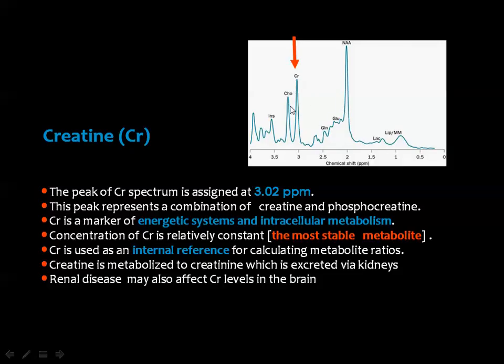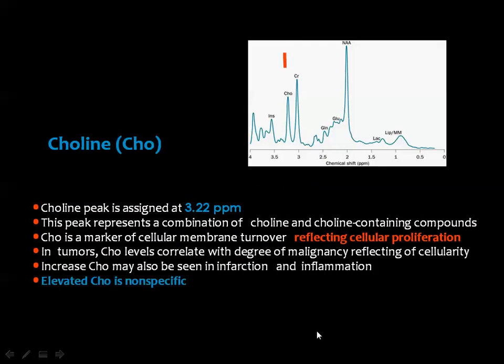If you see that there is a little difference between choline and creatine, this is a slight increase, and if there is a very big difference, you know that there is a marked increase in the choline. This peak is present at 3.22 ppm. It is just next to the creatine peak, and this reflects the cellular proliferation.